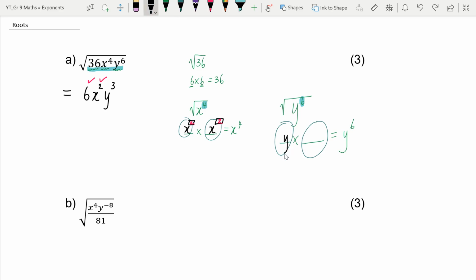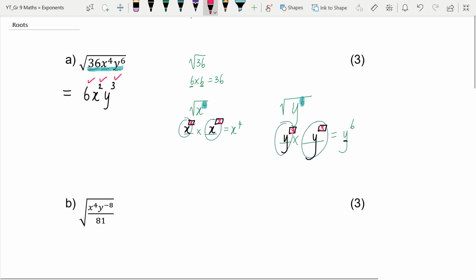The base will have to be a y, because how else are we going to get to that y there? And then we need to figure out what those exponents must be so that when we add them, they get us to 6, because remember your laws of exponents. When my bases are the same and I'm multiplying, I add my exponents. And that's why it will be 3. And that's how we get to that answer over there.